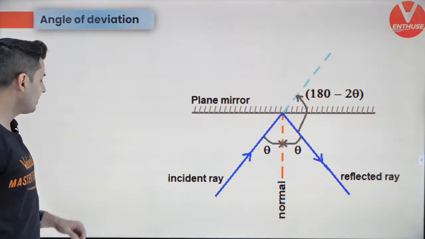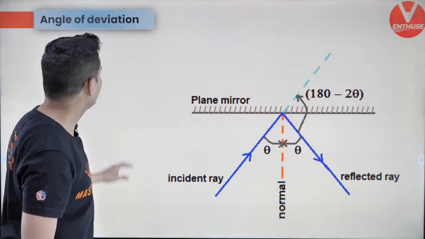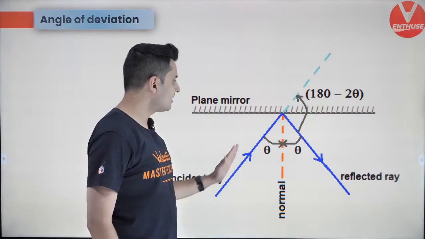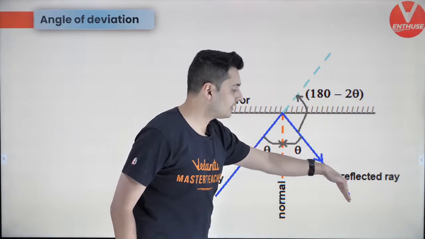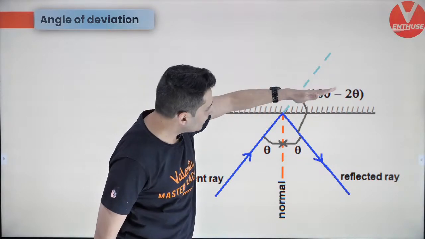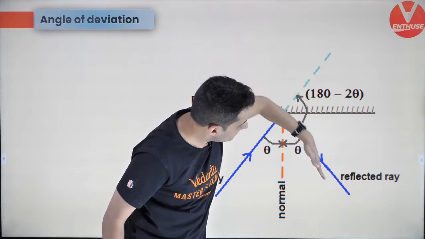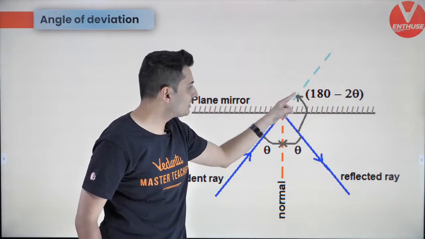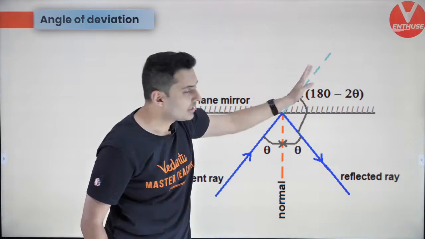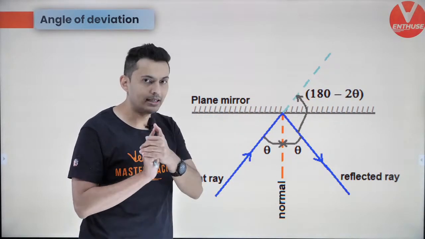Now, another important property that you must note down is the angle of deviation. If the ray is incident like this, it reflects like this. The ray wanted to go there, but it deviated like this and went like this. So the angle by which it tilts eventually is called the angle of deviation.